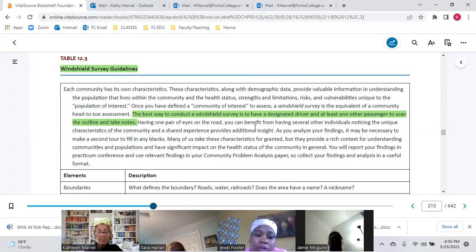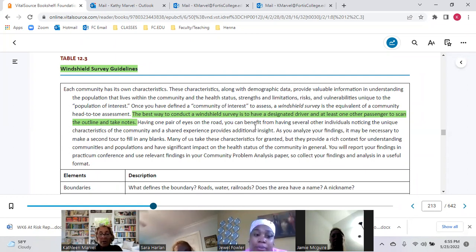That's just gathering data and information about a community just riding around looking through your windshield. Taking somebody, of course, letting somebody drive, and just gathering data, what the weaknesses are, the strengths, what the neighborhood is like, what resources are available, how many hospitals are in the area, daycares, things like that.